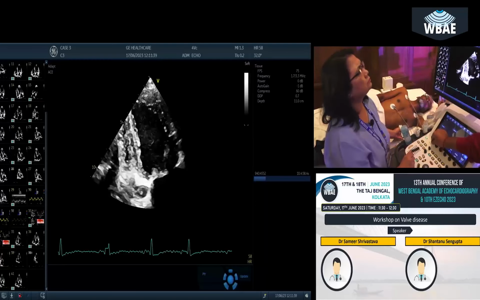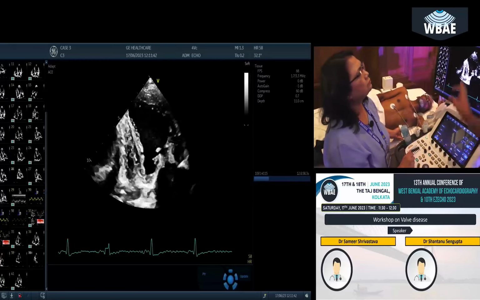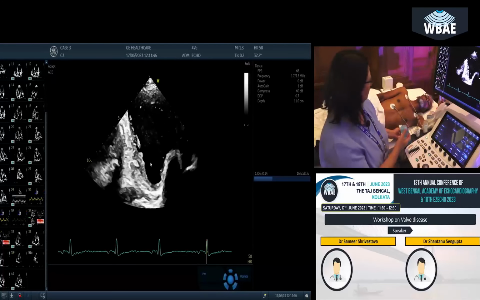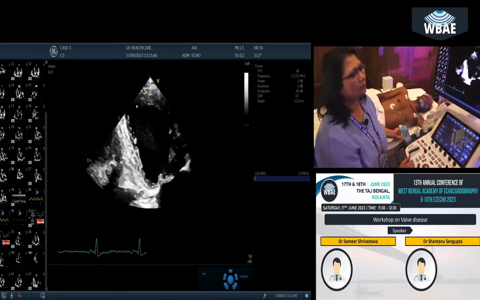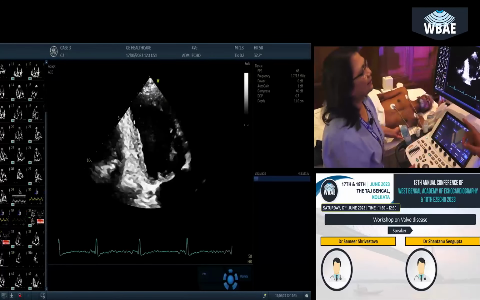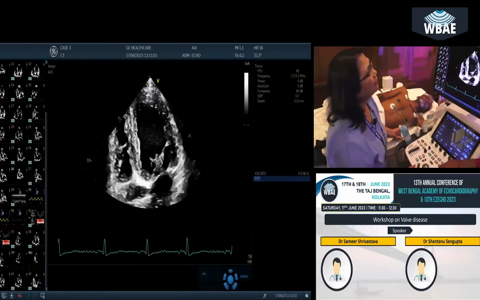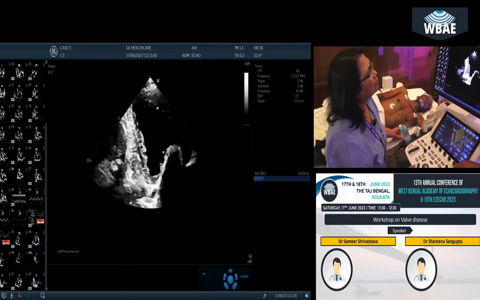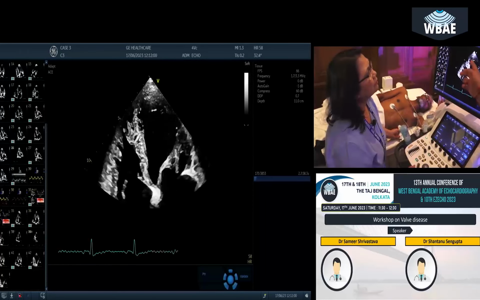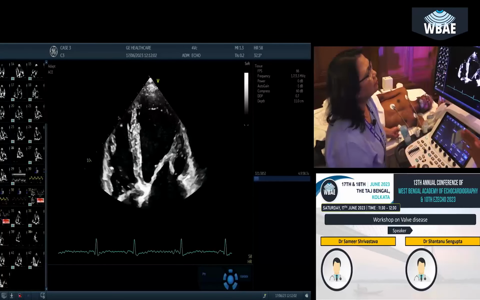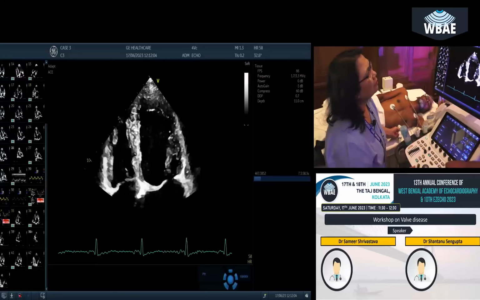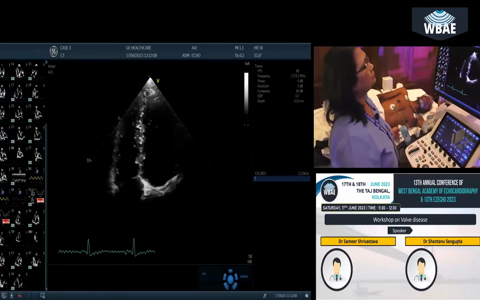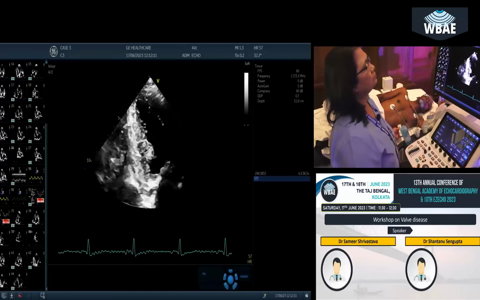But you know why we are talking? You and I have to speak the same language. How can we speak the same language? Use the guidelines, a definite set of rules. The rule says to use Simpson's method. Earlier, till 2006, 2007, they used to say use the biplane area-length method. Then in the last 8-10 years, they said use biplane Simpson's method for LA volume, and now we are using Simpson's method.